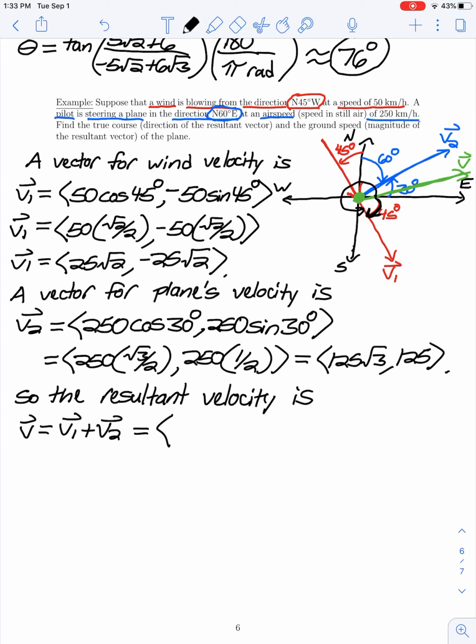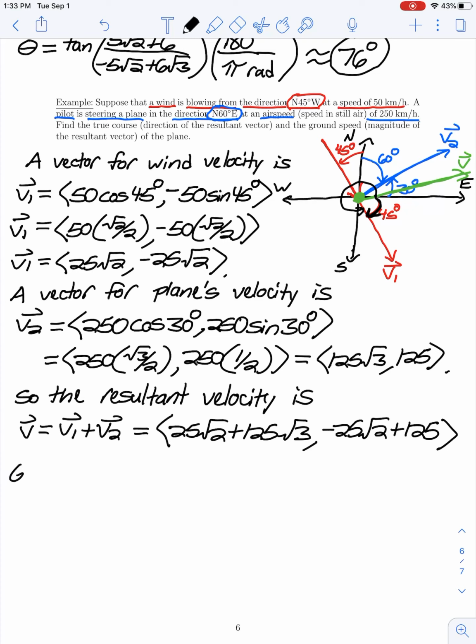Adding the components of these two vectors, I have 25 root 2 plus 125 root 3 and a negative 25 root 2 plus 125. Now, the problem asks us to find the true course, which is the direction of this resultant vector, and the ground speed, or the magnitude of the resultant vector for the plane. So let's start by finding the magnitude. I think that's a little bit easier.